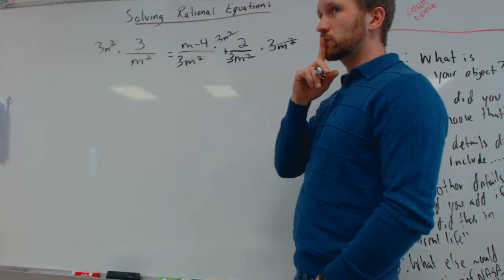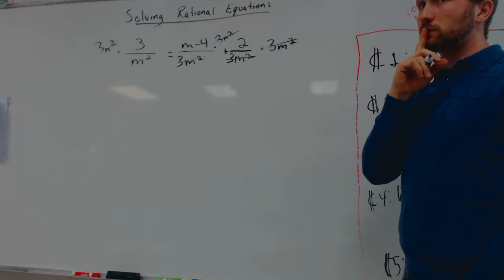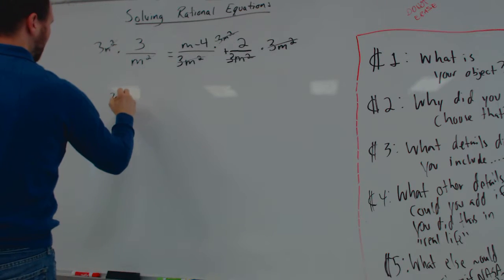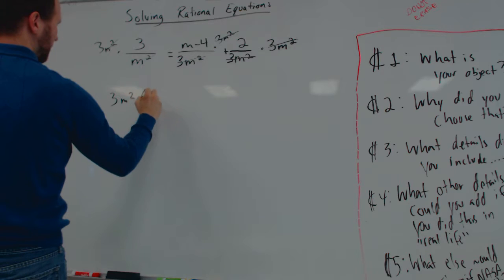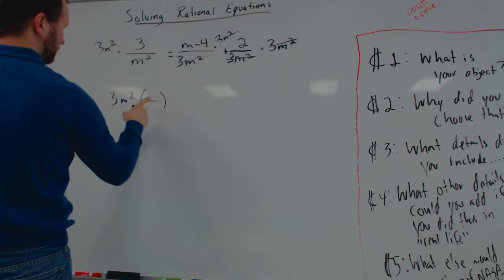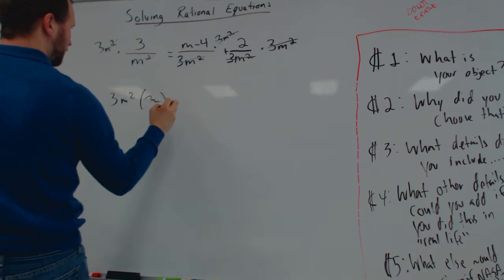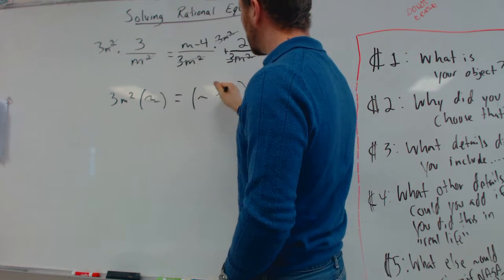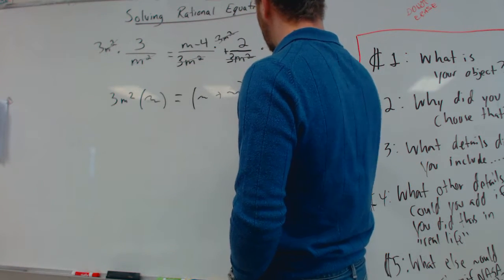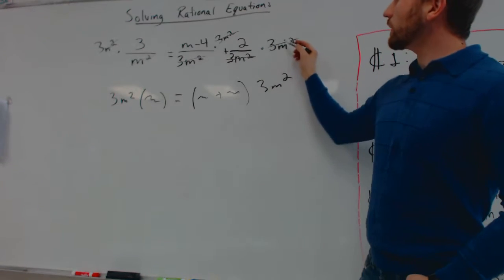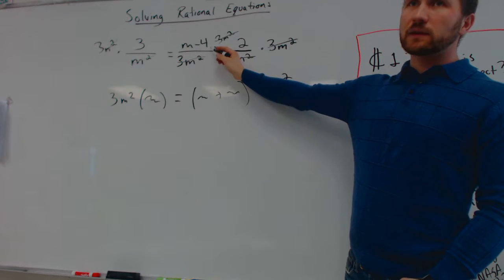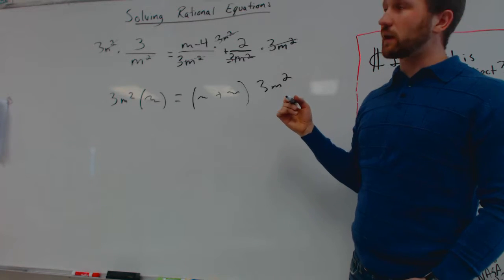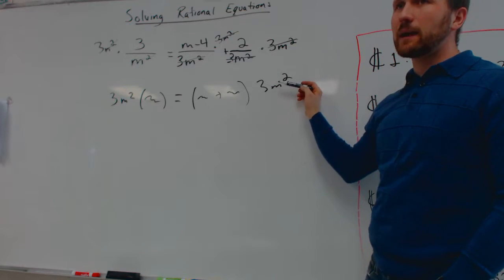Wait, if you multiply 2 on the right side, wouldn't you have to multiply 2 on the left side? So technically what I'm doing is this. 3m squared times something equals something times 3m squared. So the reason I multiply it times both of these is because of the distributive property. That's a really good question, right? So I'm skipping this step.